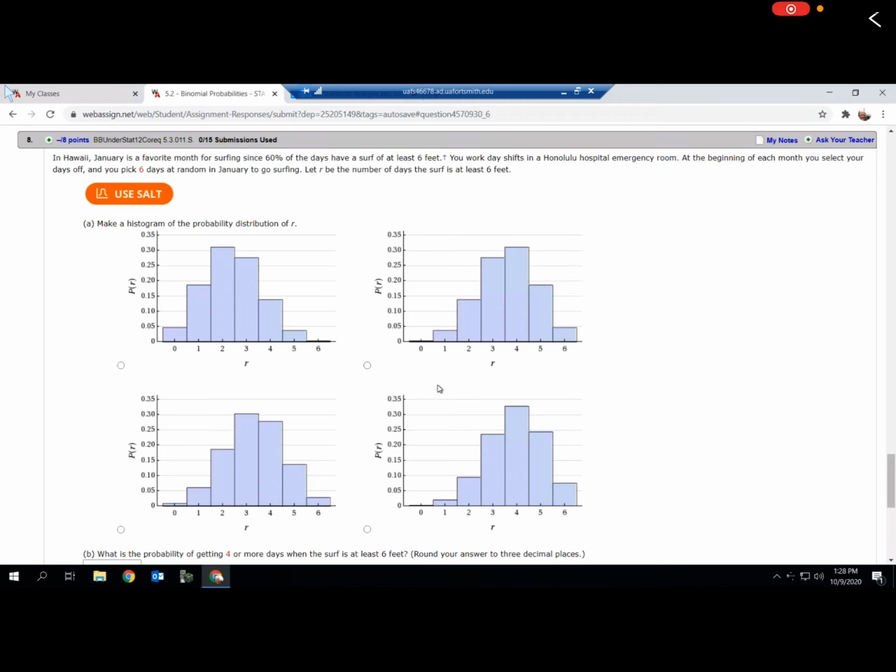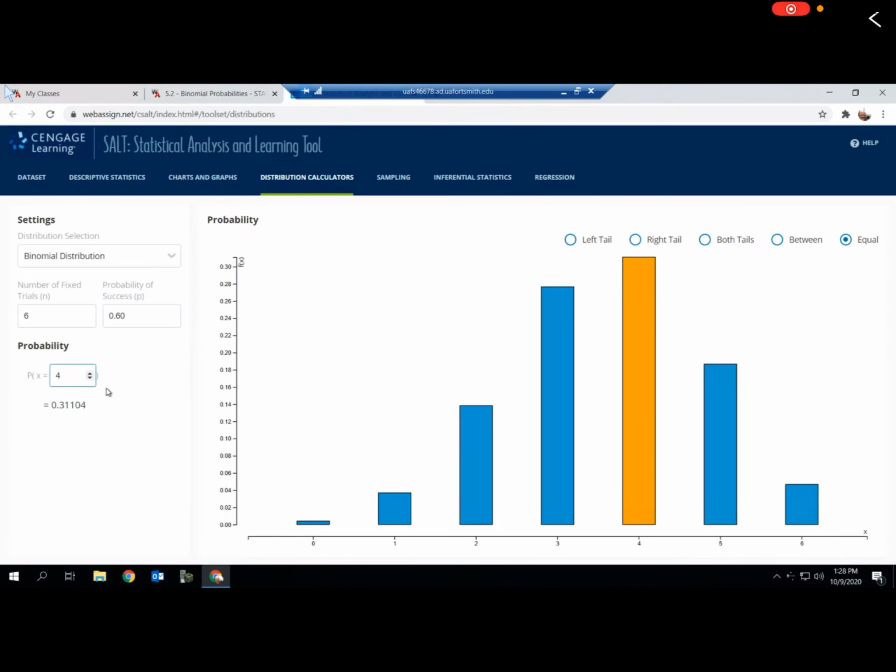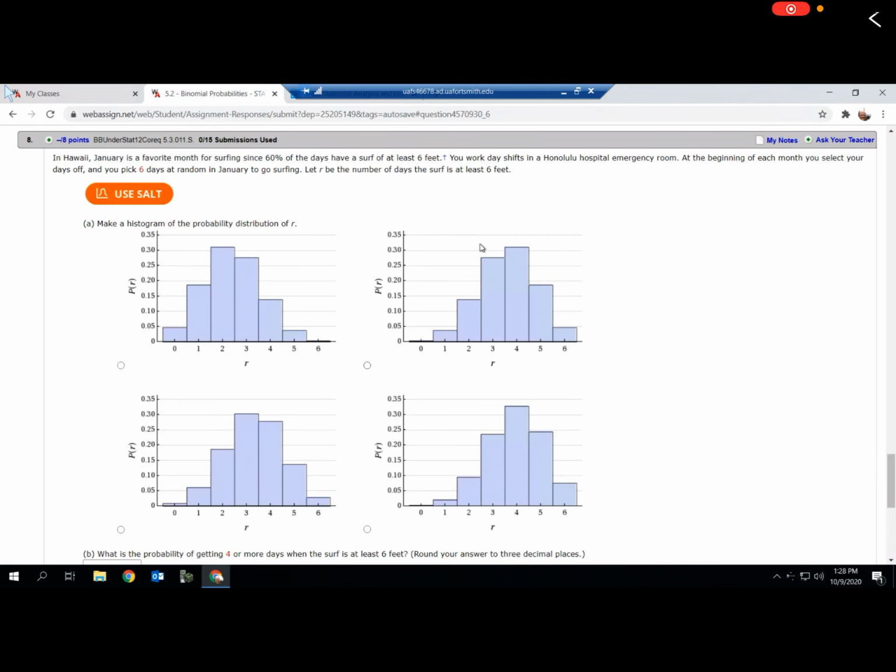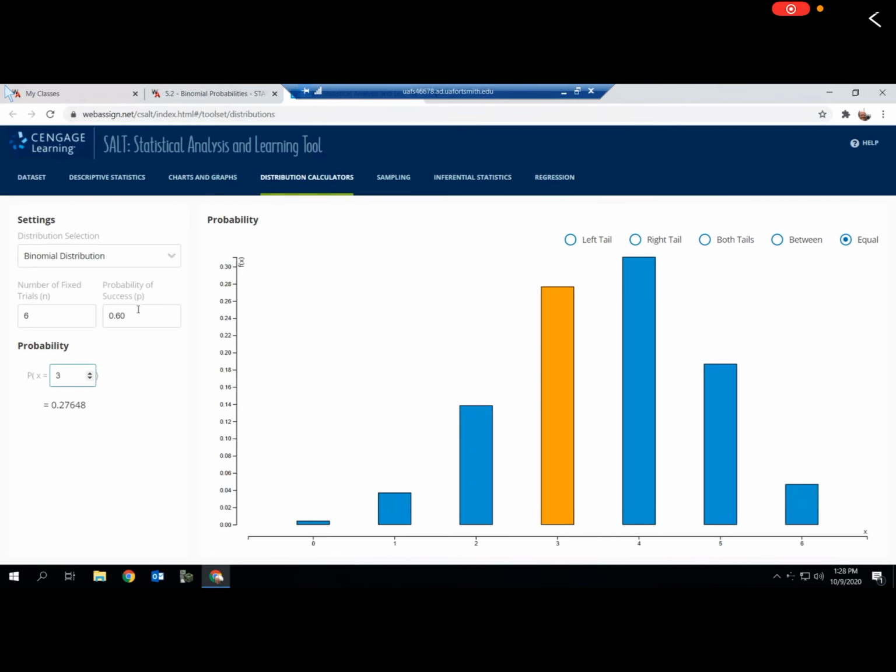This is the only bar graph, histogram, where 4 is 0.31 and 3 was, might as well call it 0.28. So I'm going to go with this one. You can check it for all 7 of these bar heights. All you have to do is progressively change.